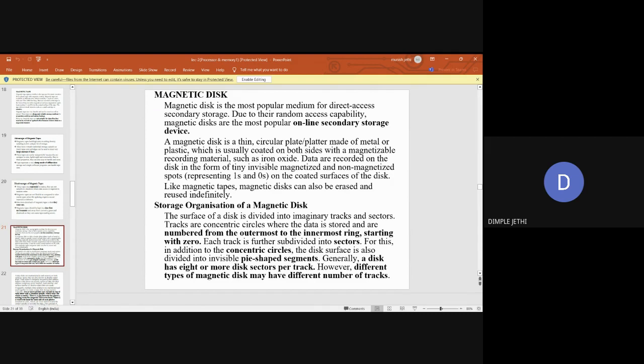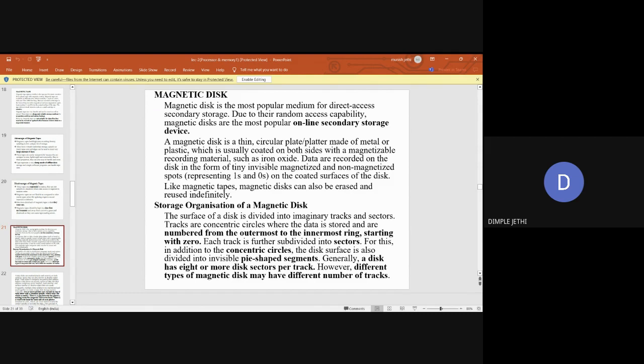Now the thing is how it will get stored. If you have heard, we format our hard disk. So what is the meaning of formatting the hard disk?